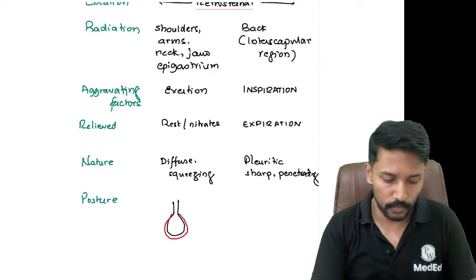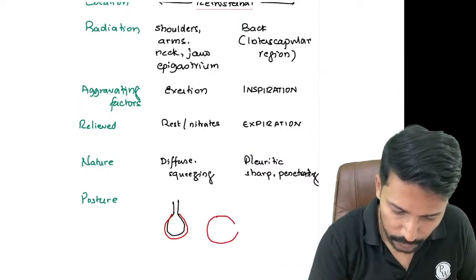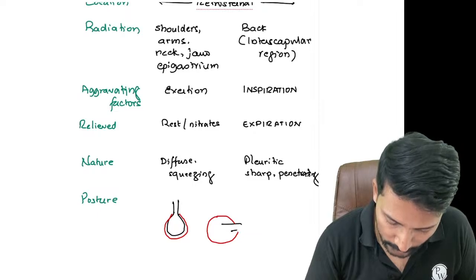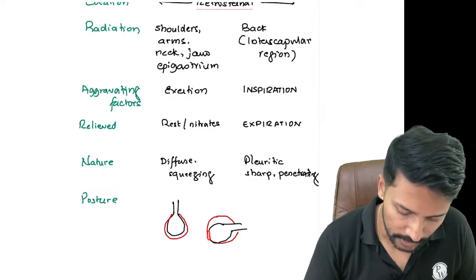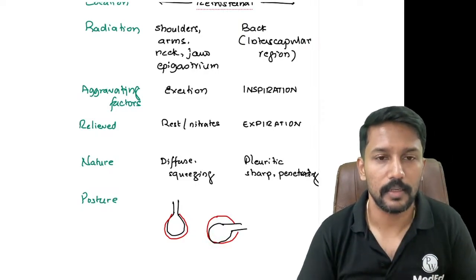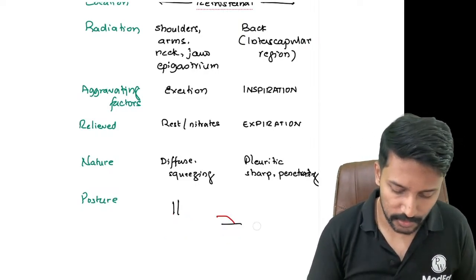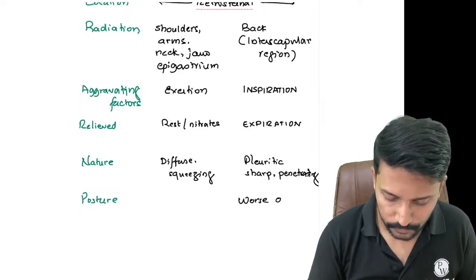But when you lie down, because of gravitation, the heart starts resting on the pericardial layer. So they come together and rub against each other, and that produces the pain. So pericarditis chest pain is worse on lying down.